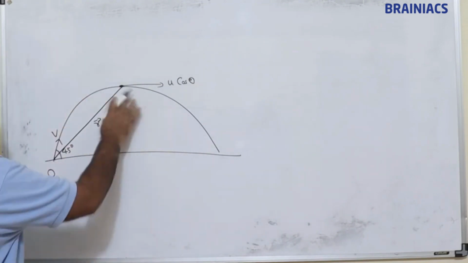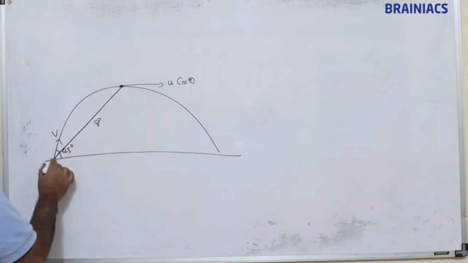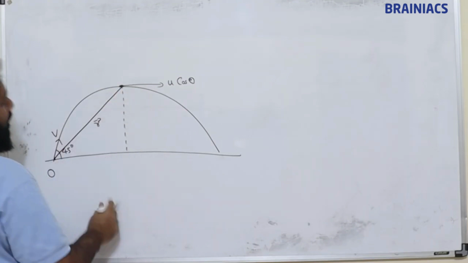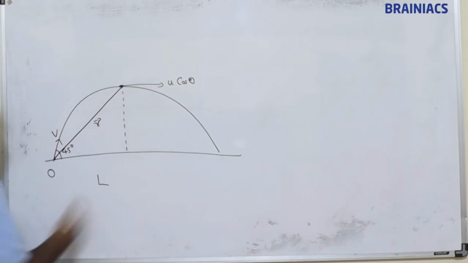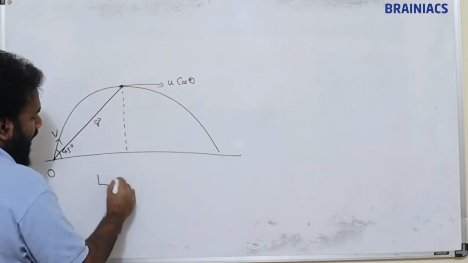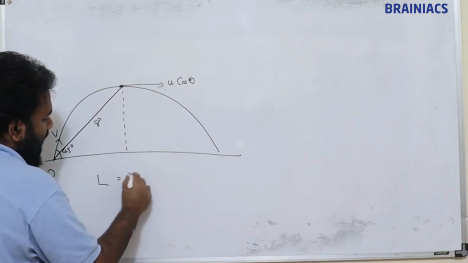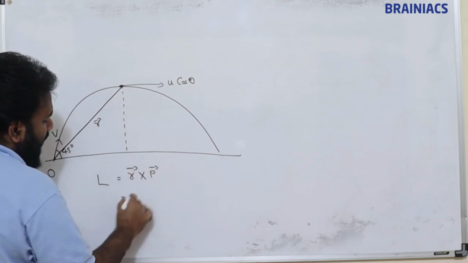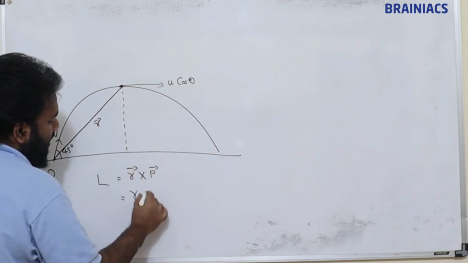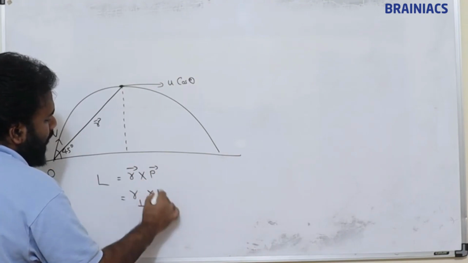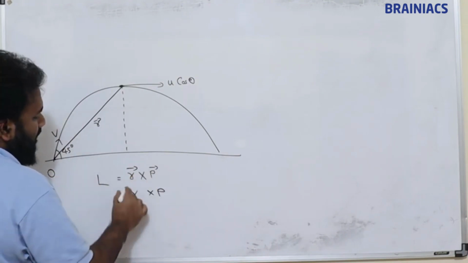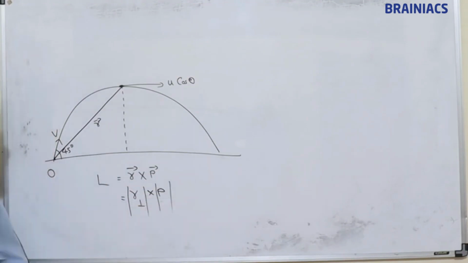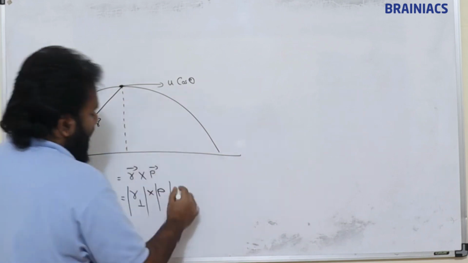So here, if we consider this height, see, the formula for angular momentum is either we can do r cross p, or the other formula, the perpendicular distance into p. This is the magnitude of perpendicular distance into magnitude of linear momentum.